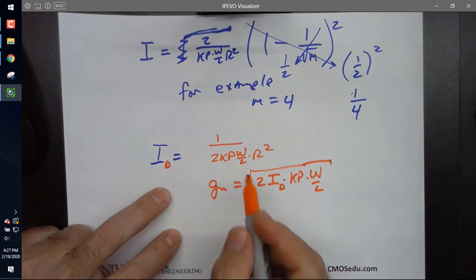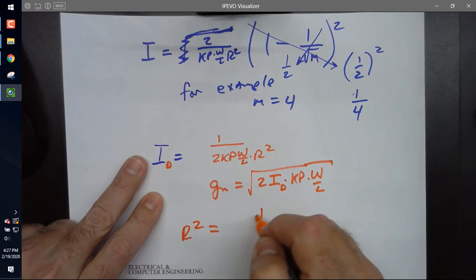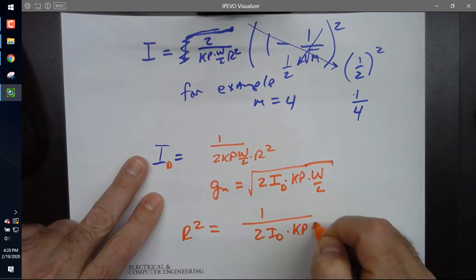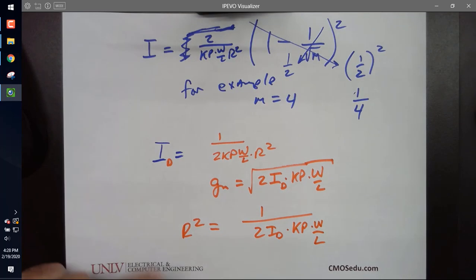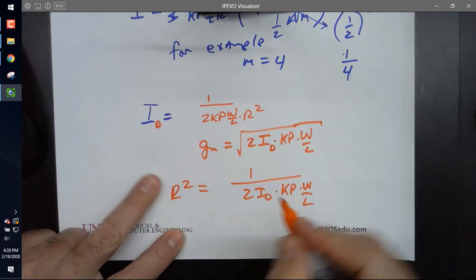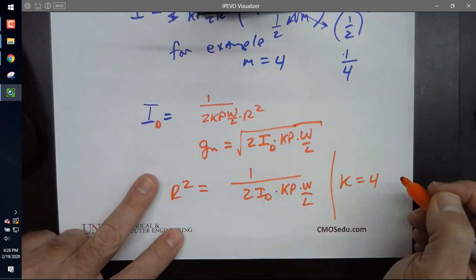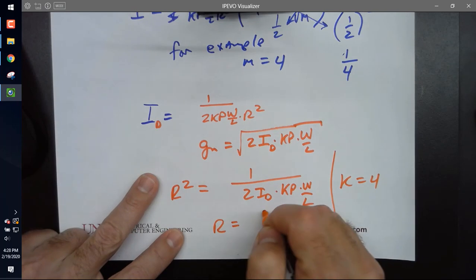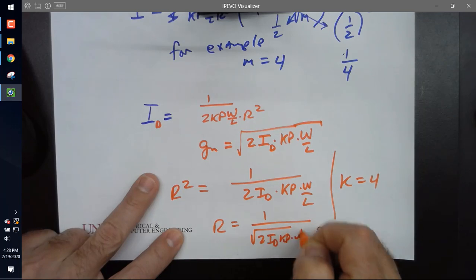So now, couldn't I write that R squared equals 1 over 2 ID times KP times W over L? And wouldn't that mean, this is for K equal to 4, or M equal 4 in the book, that R is equal to 1 over the square root of 2 ID KP times W over L?